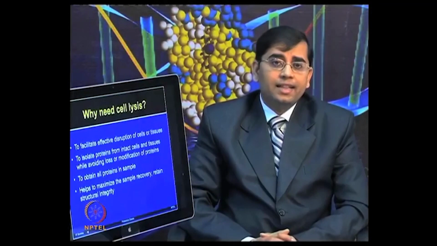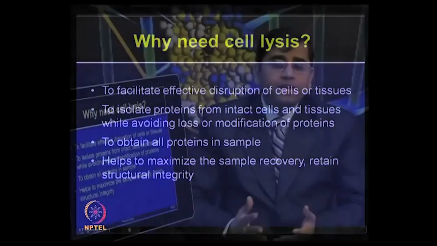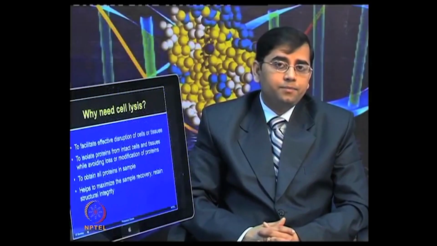So, why do we need cell lysis? To facilitate the effective disruption of cell or tissue, to isolate the proteins from intact cells and tissue while avoiding the loss or modification of proteins, to obtain all the proteins which are present in a given sample, and to help to maximize the sample recovery and retain the structural integrity.